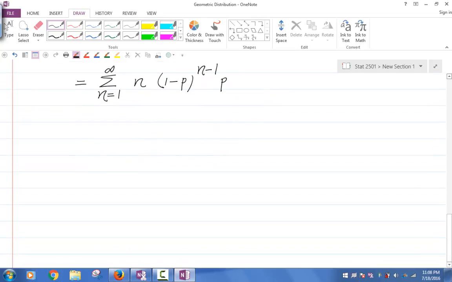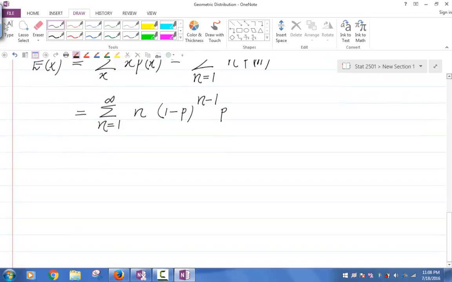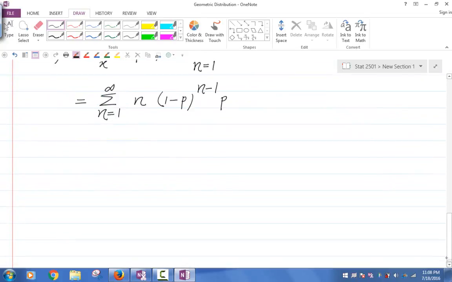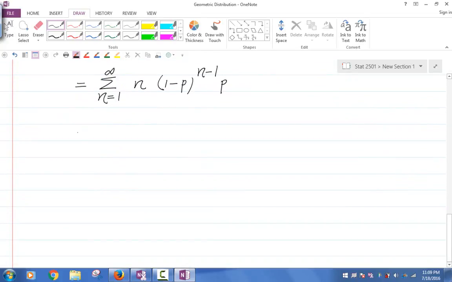So we need to evaluate this sum. The first thing I'm going to do is factor out p, and then I have the sum over n from 1 to infinity of n times (1 minus p) to the power n minus 1.